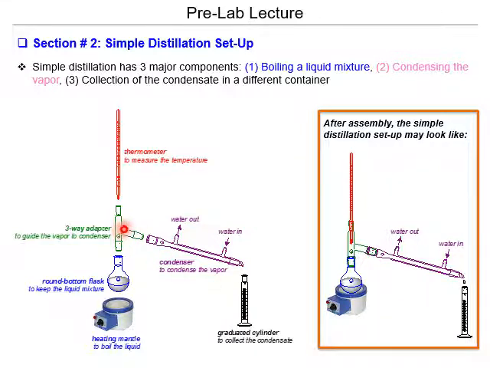Based on the different boiling points, the different liquids in the mixture will convert to vapor and then again convert to liquid at different temperatures. And so at different temperatures, we can collect different liquids.